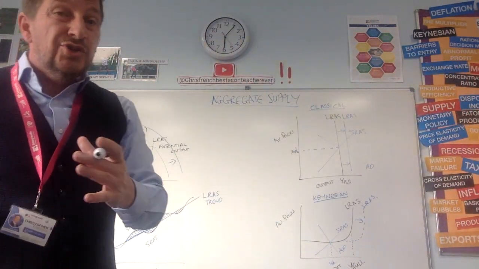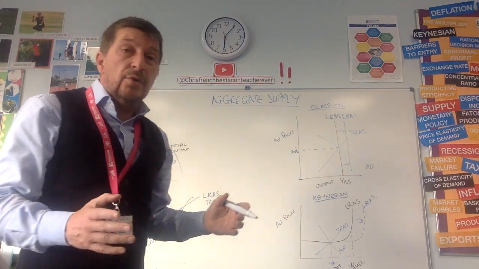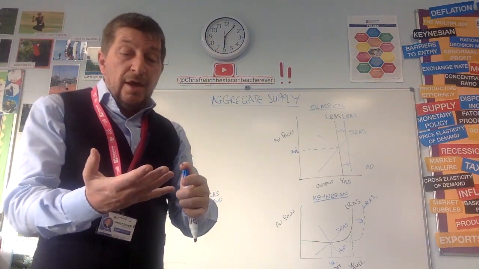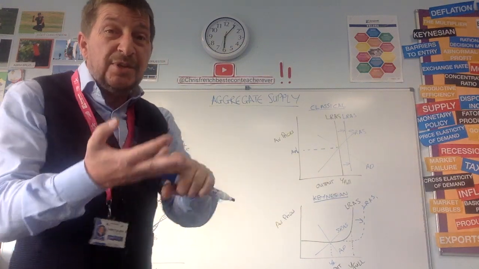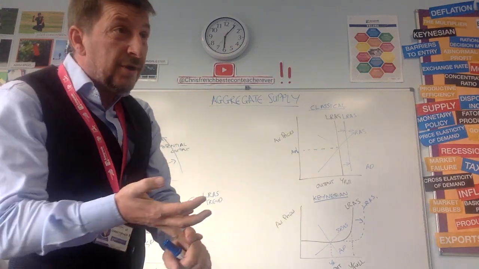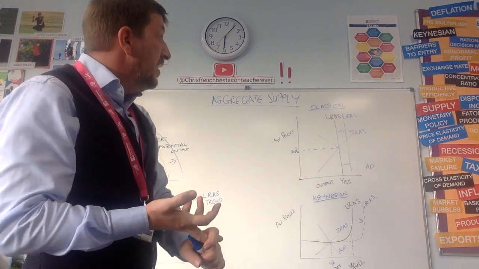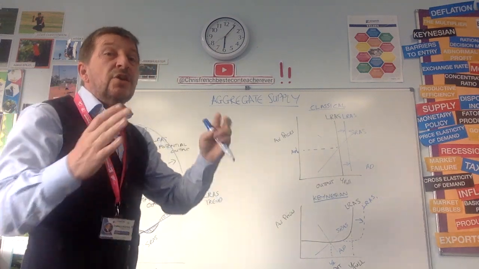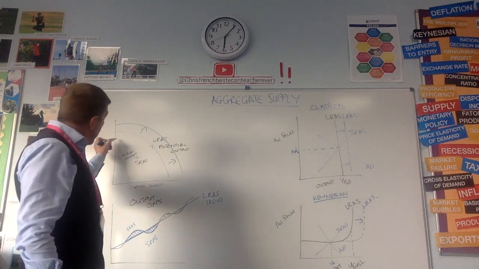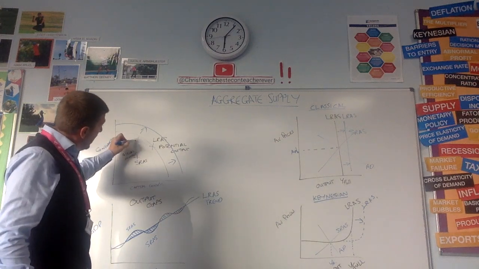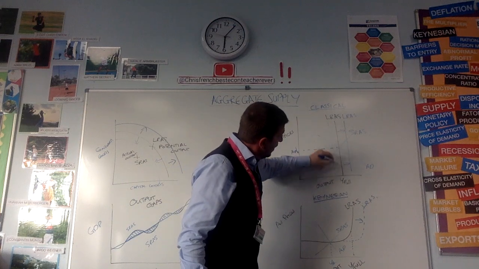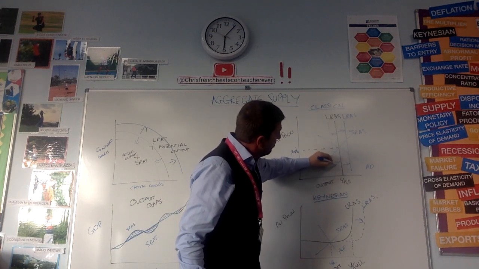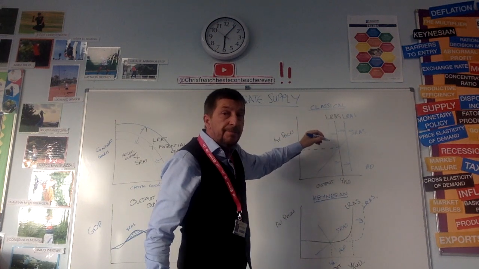And of course, it can shift inwards as well. We know, for example, that the potential output of the Gaza Strip, of Ukraine, of Yemen right now is currently falling, and that can shift our potential output inwards. It could shift our long-run aggregate supply inwards as well.